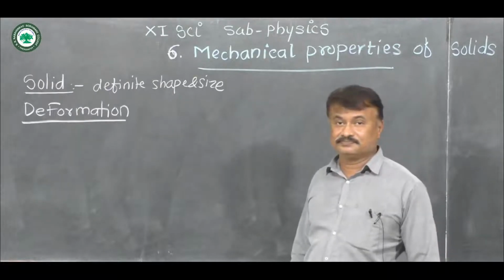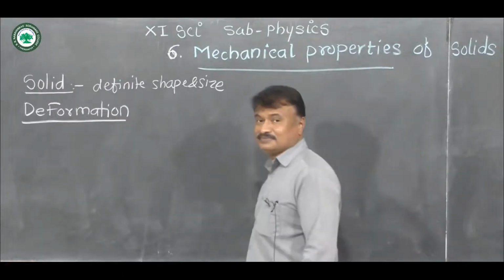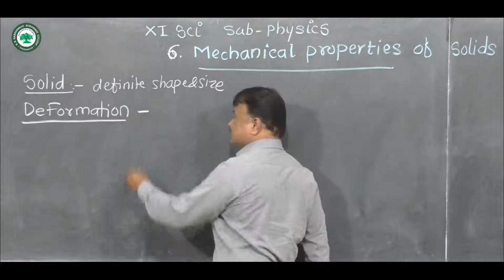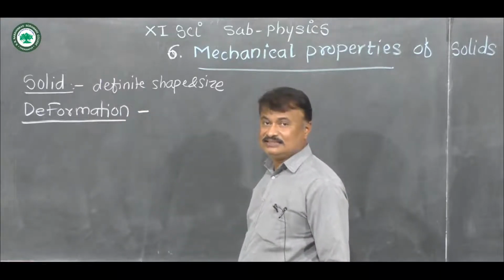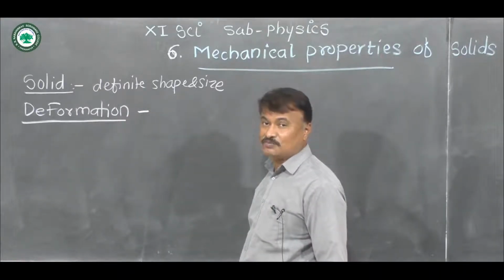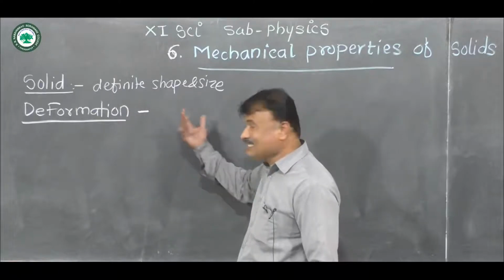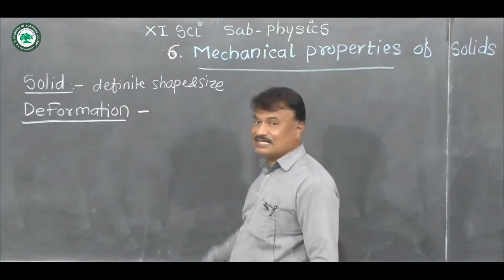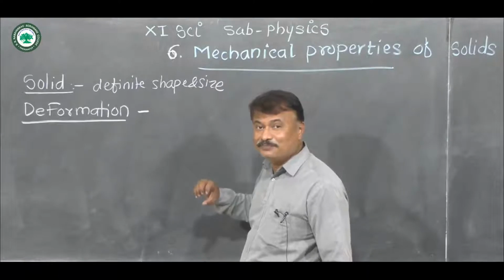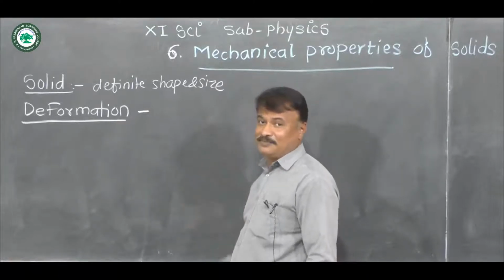Deformation. In case of a solid, if we apply some external force, then there is a change in its shape and size or both due to the external force. That is called deformation, and the corresponding force is called the deforming force.